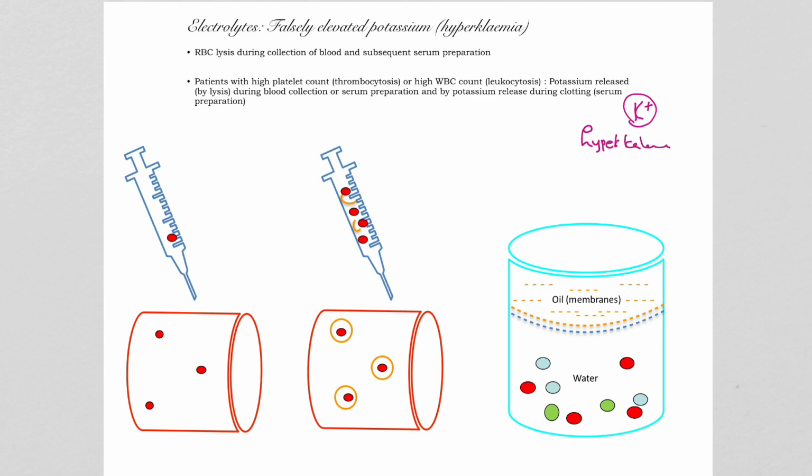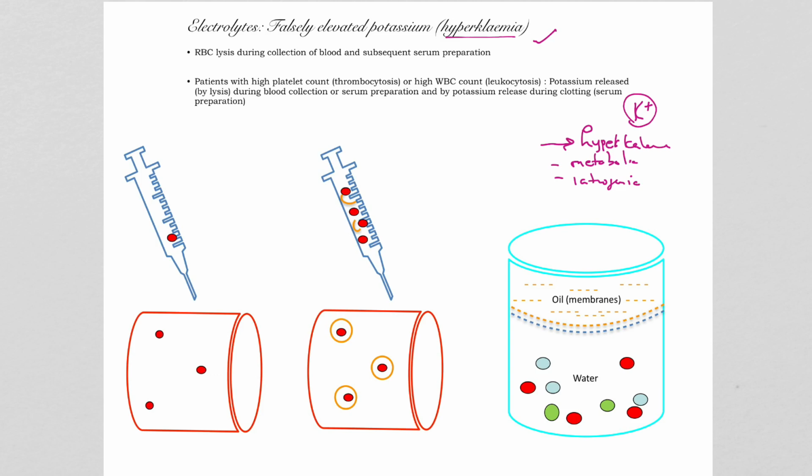This is a potentially life-threatening situation, and it really requires an accurate analysis of what's the actual cause that's leading to the high potassium. Is it due to a metabolic reason in the body? Is it due to an iatrogenic reason, something from the outside? Or is it due to a lab processing problem?